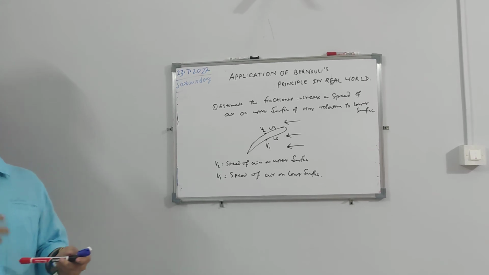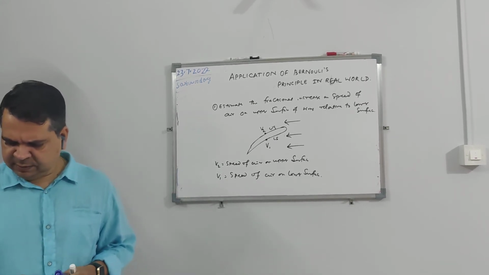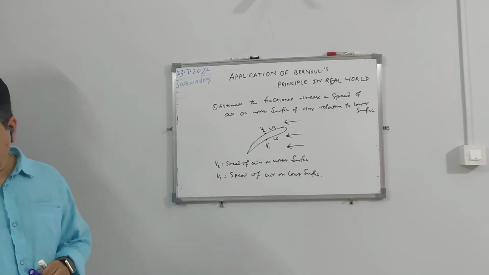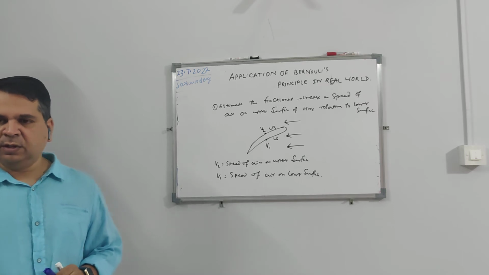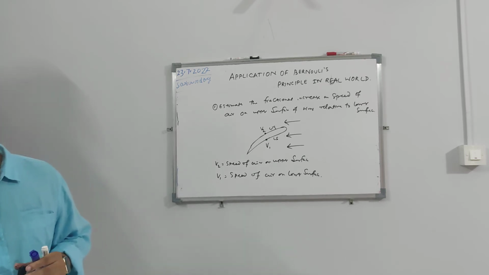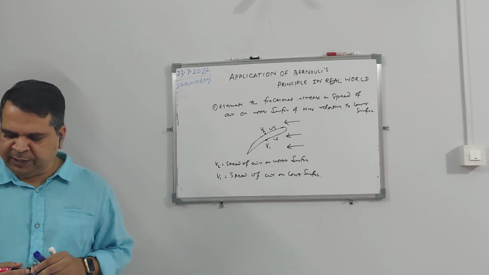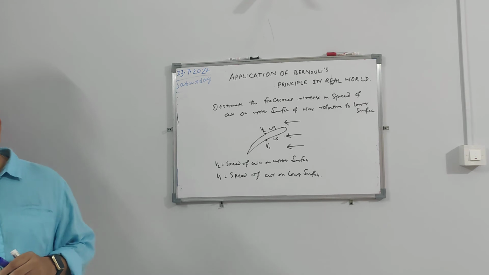So V2 will be more than V1, that we know. You want to estimate the fractional increase in speed of air on the upper surface of the wing relative to the lower surface.